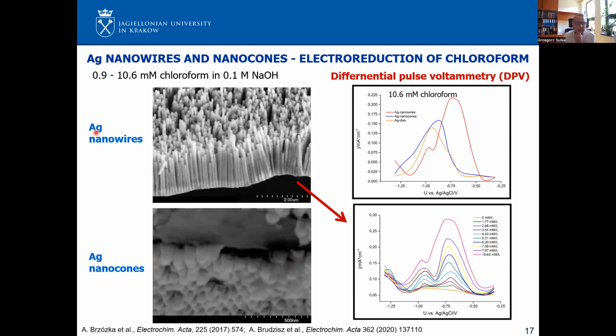We used silver nanowires and also silver nanocones, and we compared them, and it was found that the best performance was for silver nanowires, probably due to the higher surface of the nanowire electrode.